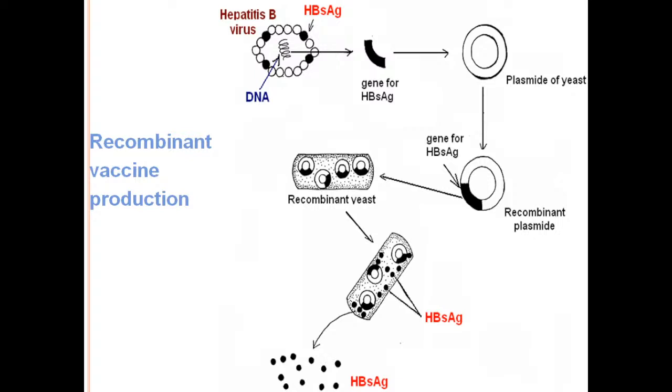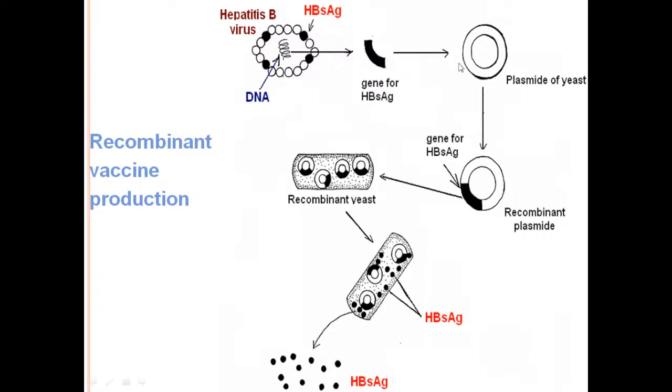In hepatitis B, a great role in pathogenesis belongs to HBs antigen, so we don't need the whole viral particle for this vaccine. We need just HBs antigen. How to isolate this protein? We should isolate the gene that is responsible for expression of HBs antigen.